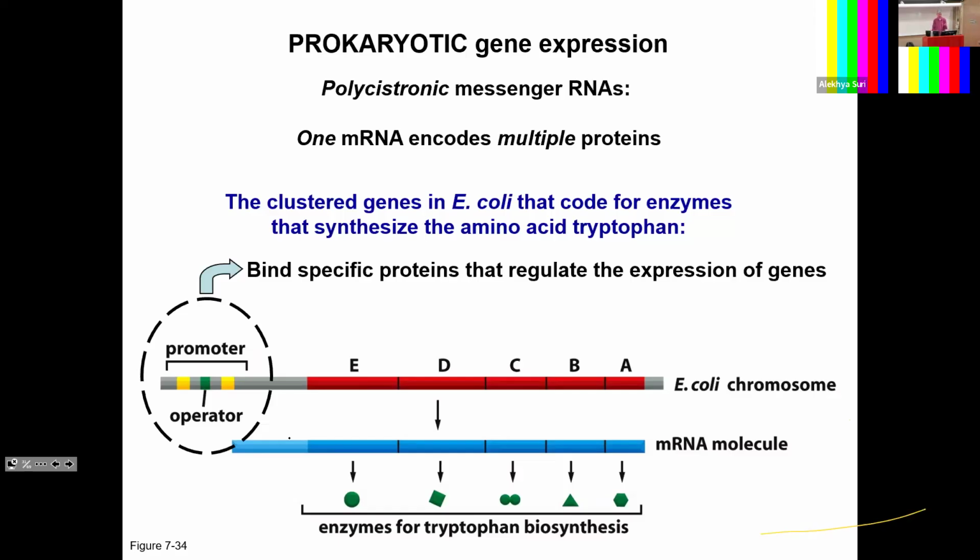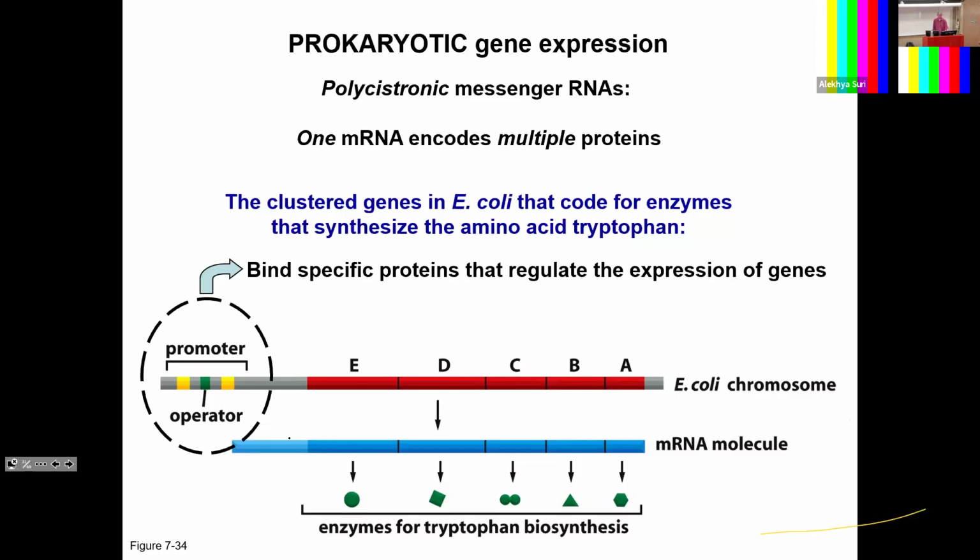In prokaryotic gene expression, we have polycistronic messenger RNA, which means we have one regulatory sequence, promoter on the left side here, operator, but we have multiple genes in a cluster together in one RNA. So one promoter regulates different genes in one step.